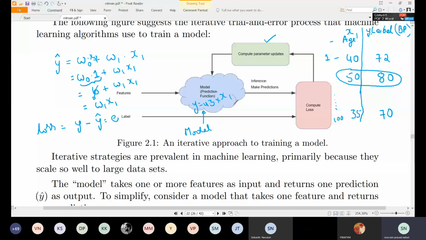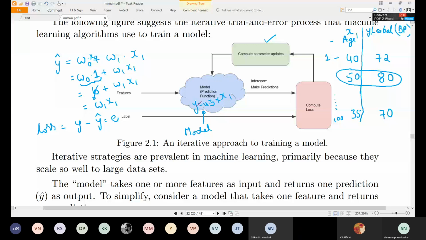So here weight W1 is nothing but the weight that you are assigning to the age or the coefficient of the age. So if the age is multiplied with 4.3, your model says whatever value that you get is the blood pressure of the person.